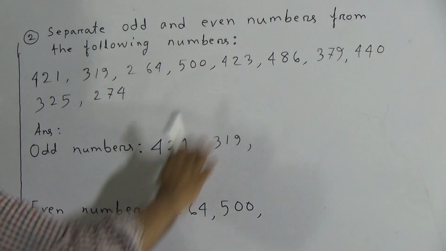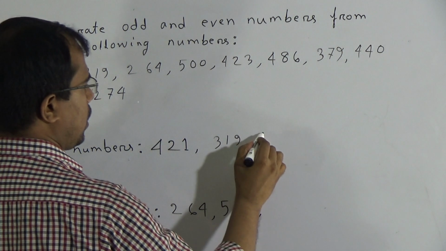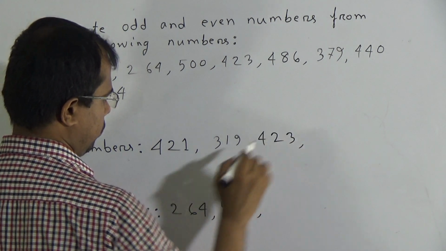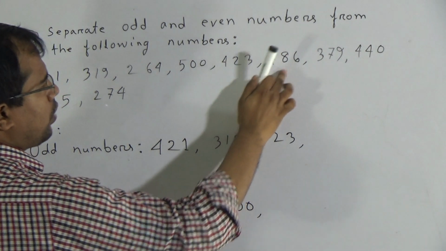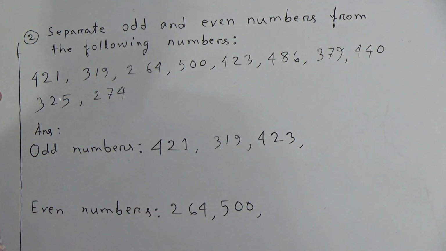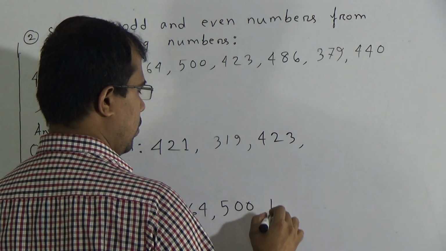Then 423, its ones place digit is 3, 3 is odd digit, so 423 will be odd number. Now 486, which ones place digit is 6, 6 is even digit, so 486 will be even number.